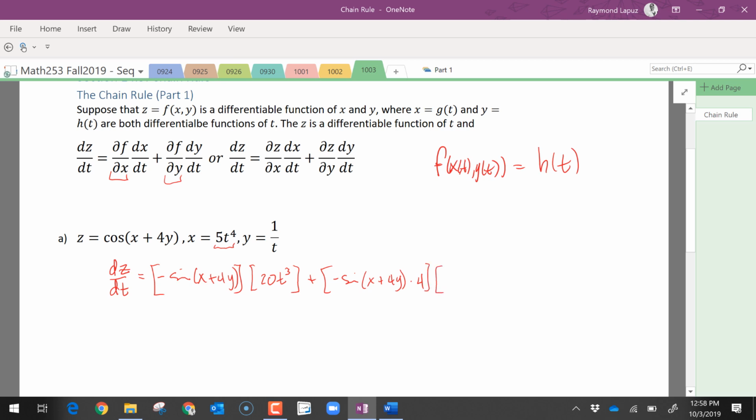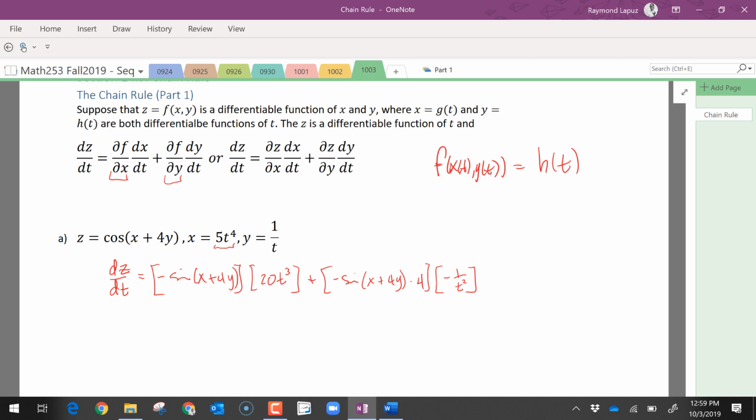And then times the derivative of y with respect to t, and that's going to be negative 1 over t squared. Right? t to the negative 1, bring the 1 down, you get t to the negative 2 with a negative, so that's negative 1 over t squared.